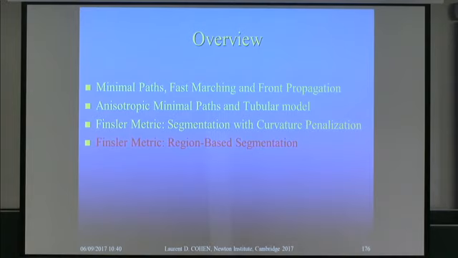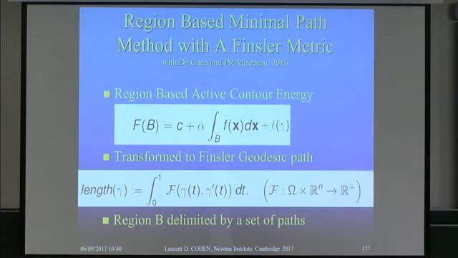now the region-based term. Okay, and so the region-based term corresponds to an integral over region B here of a feature f, which, for example, you can think about Chan-Vese term. So you have a function f of x defined everywhere in the image domain.